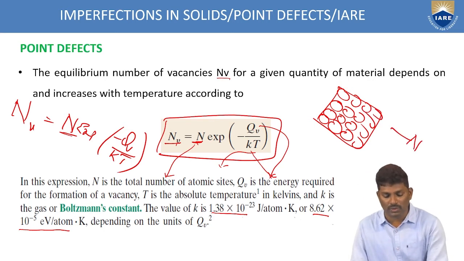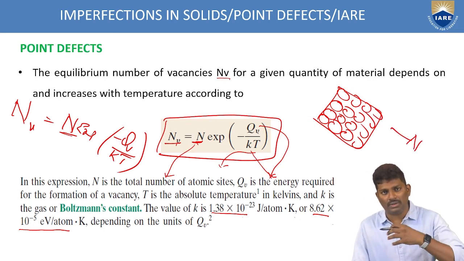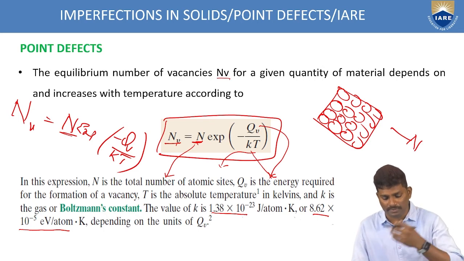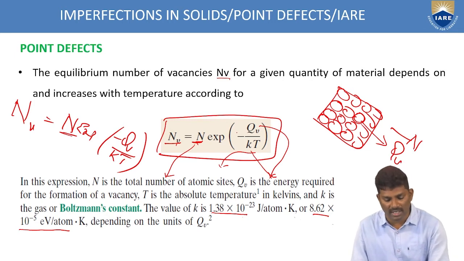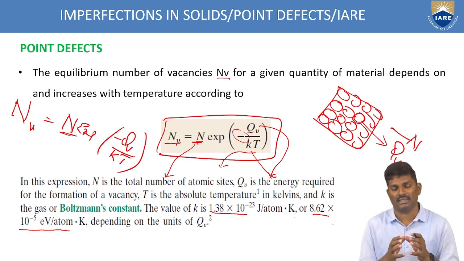And what is Q_V here? In order to vacate an atom from its position to another position, there is a requirement of energy. That energy is given by Q_V. And we take it as negative since there is a vacancy and a movement of atom.